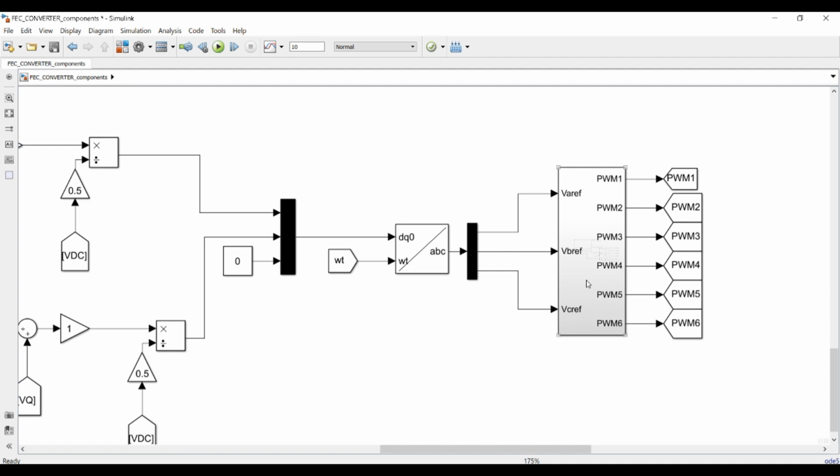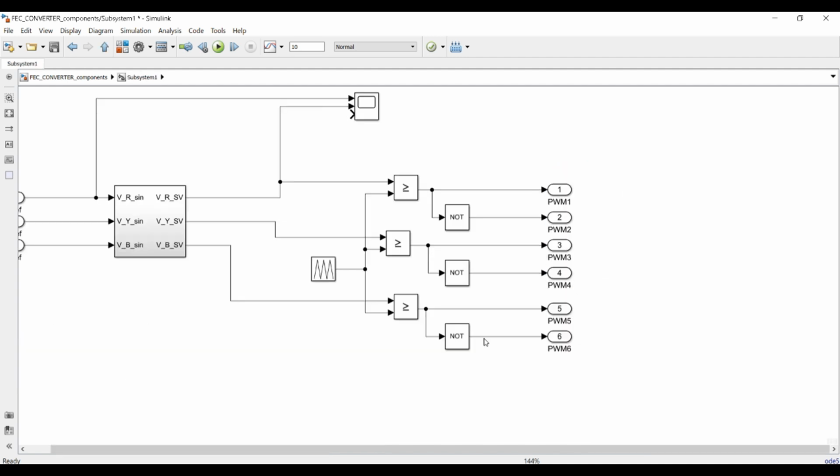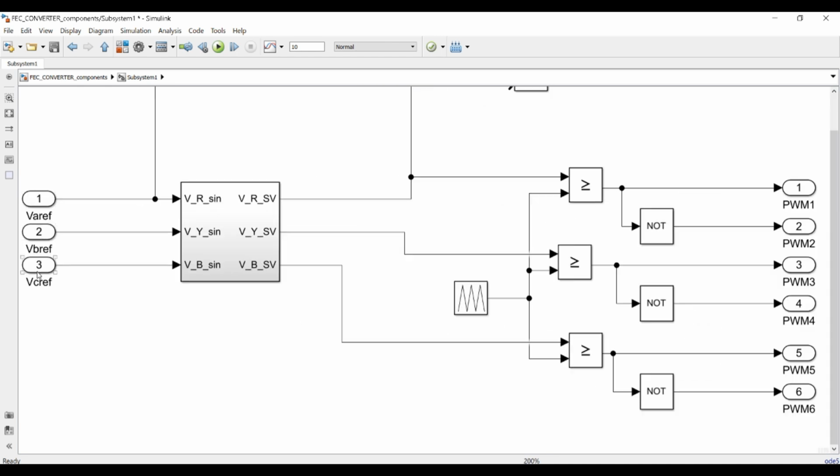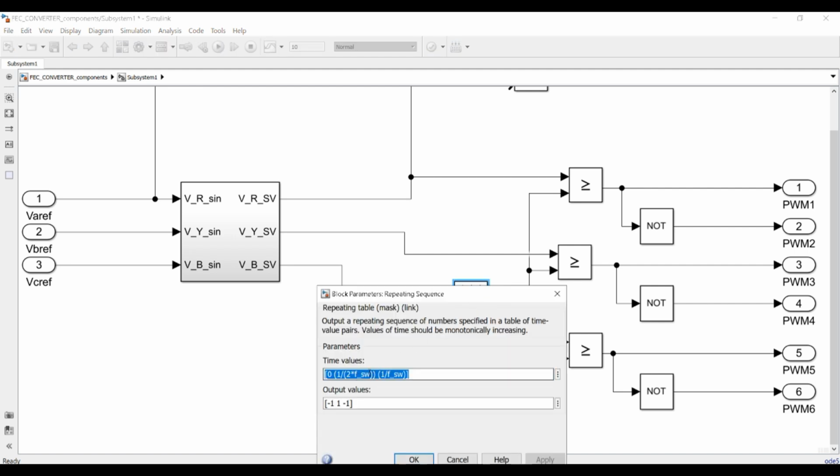We have put it to a block, that is the VA reference, VB reference. To here, if you give a sine wave, we will get the SVPWM from here, and that one we will be comparing with a triangular wave. So the triangular wave frequency we will be adjusting over here.